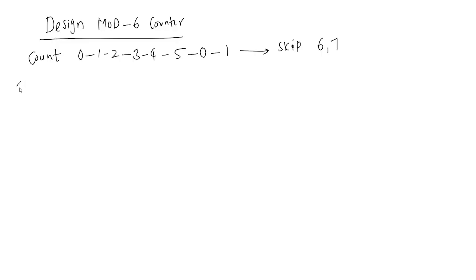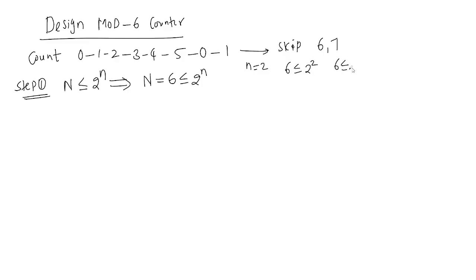Step 1. You need to find out the number of flip-flops. For finding the number of flip-flops, you use this formula: N is less than or equal to 2 power n. So mod equal to 6 is less than or equal to 2 power n. Suppose n equal to 2, 6 is less than or equal to 4.